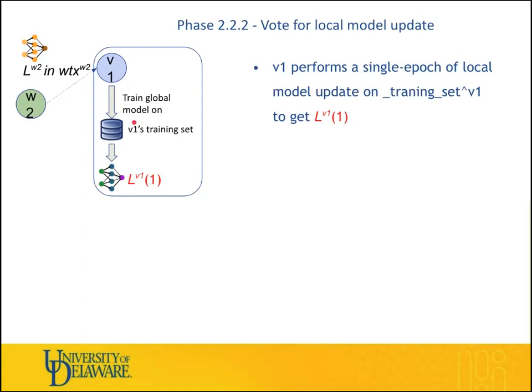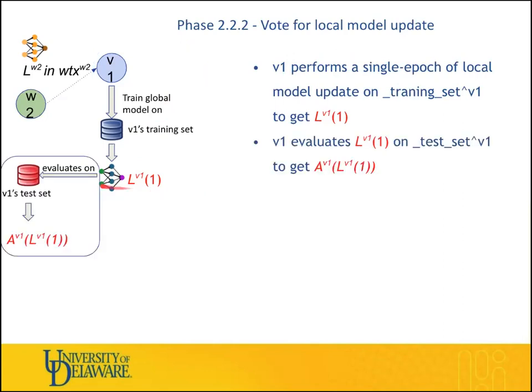And the global model constructed from the last communication round is the same across all the devices if their blockchain is in sync. This training will produce a new model denoted as LV1(1). The 1 in the parentheses means it's produced by a single epoch.